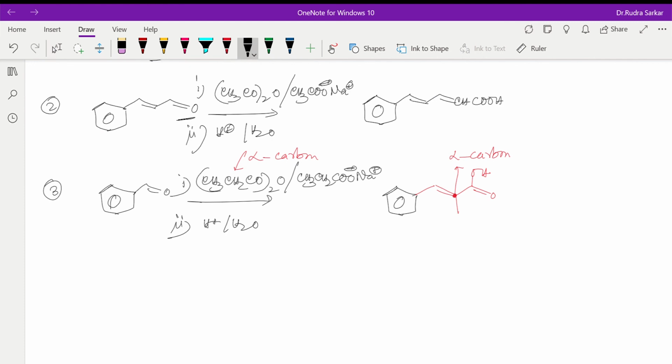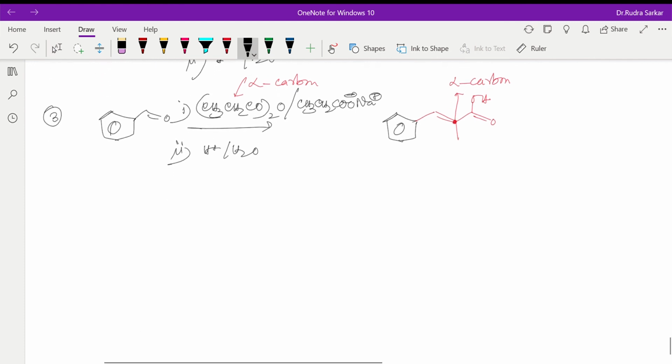Next. Suppose you are given salicylaldehyde, and this is treated with the same reagent.